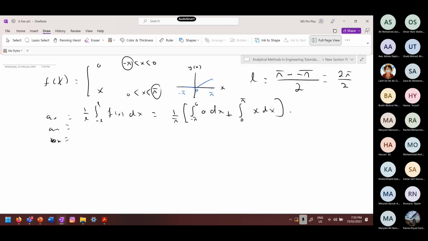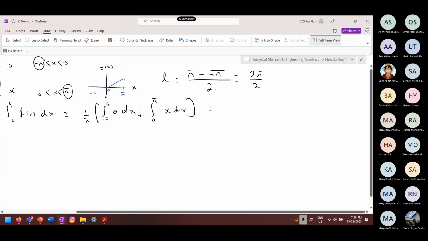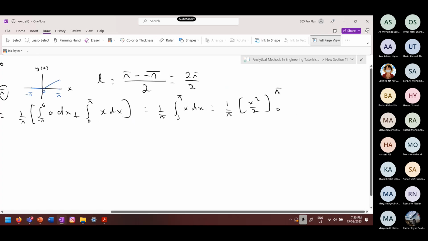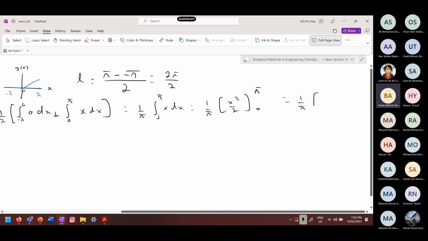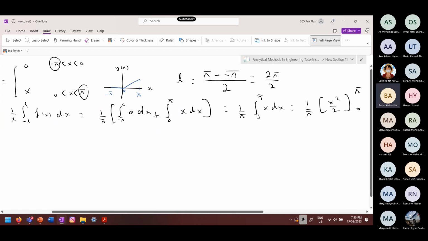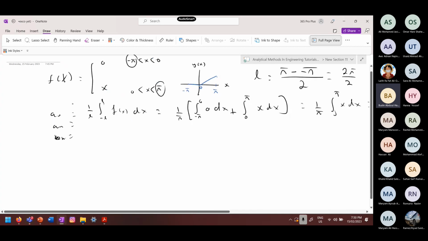You'll get 1 over pi, 0 to pi x dx, 1 over pi, x squared over 2, from pi to 0. 1 over pi, pi squared over 2 minus 0, which is equal to pi over 2. That's a0.